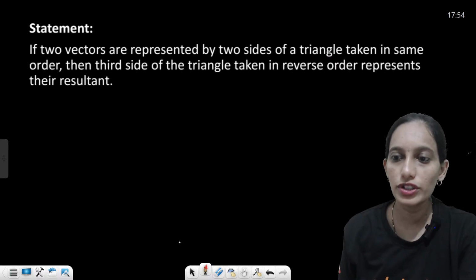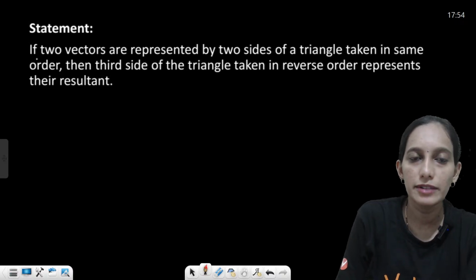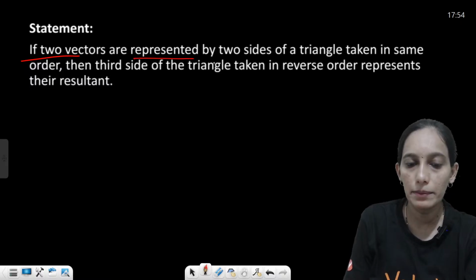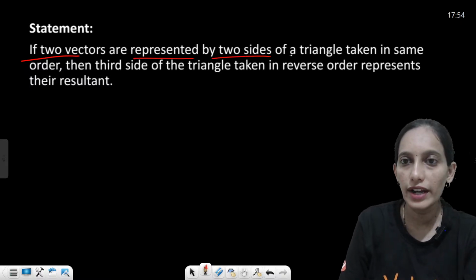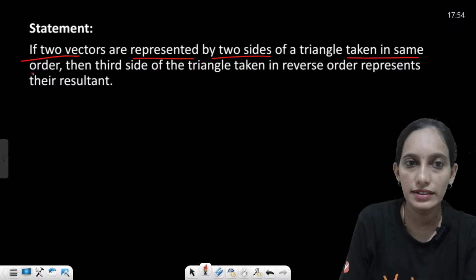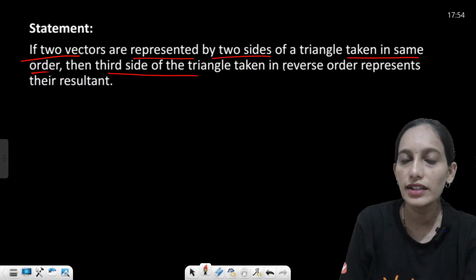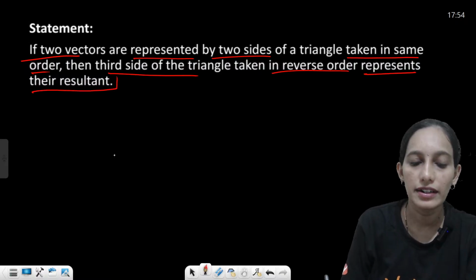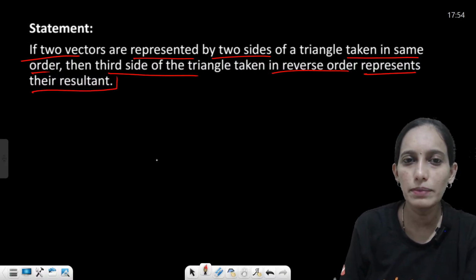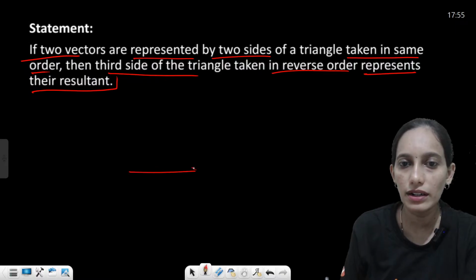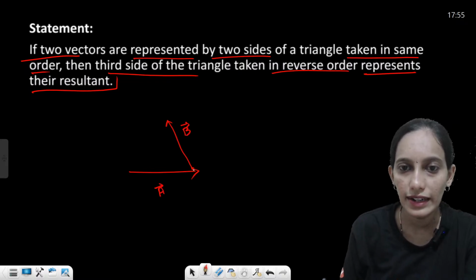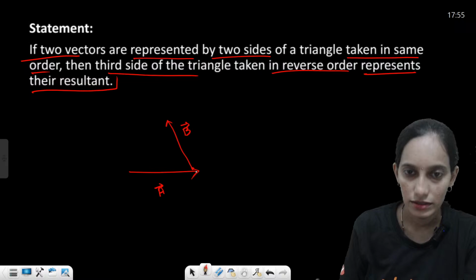Coming to the statement part, how can we say it? Triangle law of vector addition: if two vectors are represented by two sides of a triangle taken in the same order, then the third side of the triangle taken in reverse order represents their resultant. For a simple diagrammatic representation, I have a vector A and this B vector, where head to tail coincide.